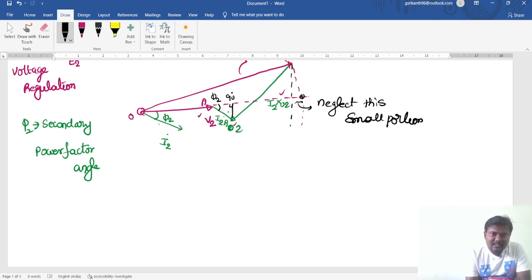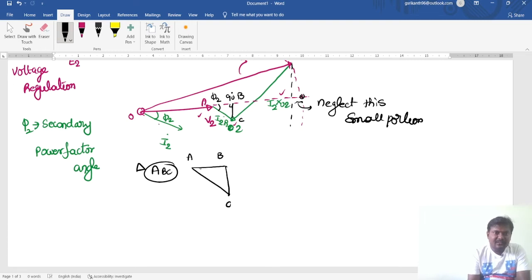If I take this small triangle, this one is B, and let's say this is C, the ABC triangle, A, B, and this one is C. Angle BAC is phi 2 now, and the angle at C is 90 degrees. What is this angle? It is 90 minus phi 2.